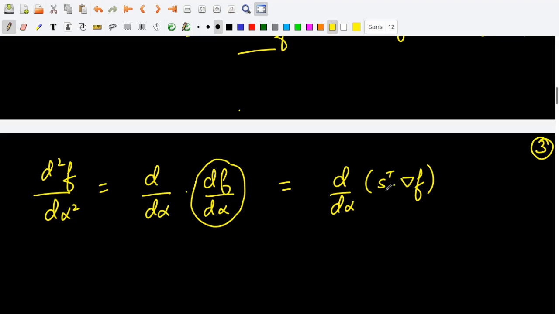Using the same line of thought as earlier, this is a scalar, so I can bring out the constant. s is not a function of alpha.